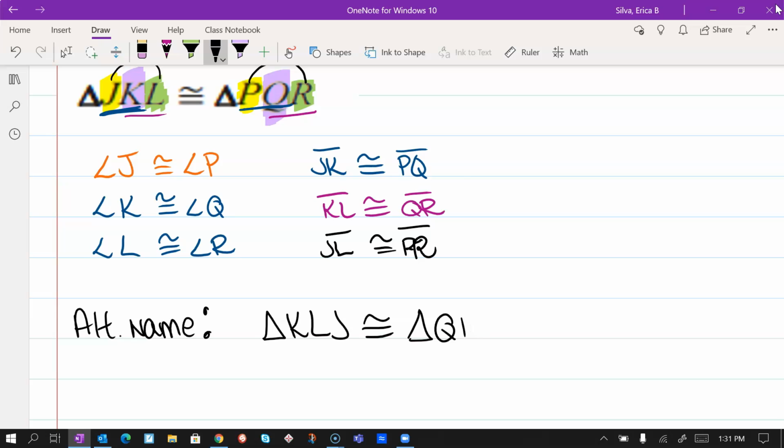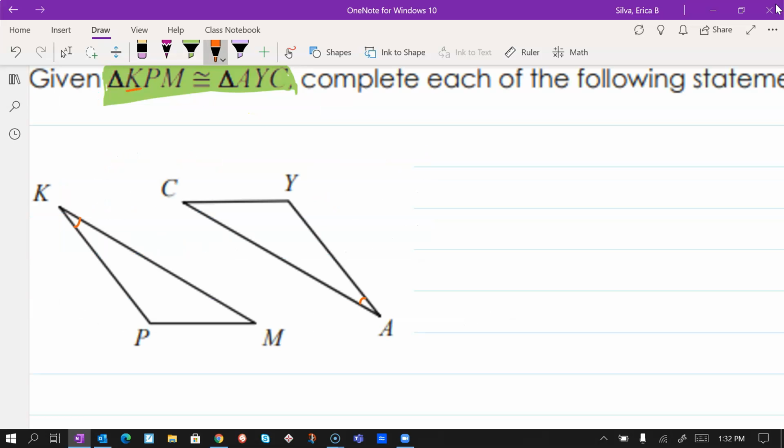QRP. Good. Notice how it's still in the same order, KLJ, with arcs to show that they're congruent. Then we've got angle P. We already used one arc, so we're going to use two arcs for angle P, congruent to angle Y. And then angle M, congruent to angle.